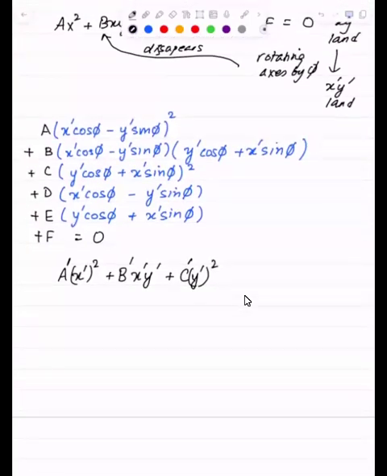We want b prime to be 0, because that will kill off the x prime y prime term, which we don't want.